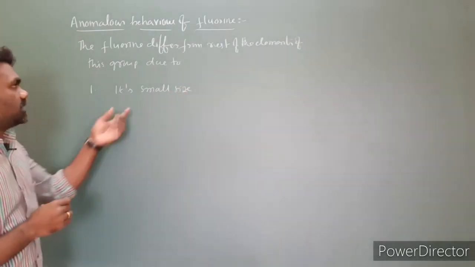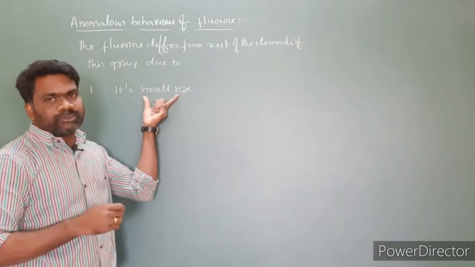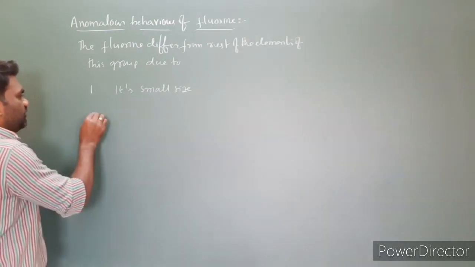So fluorine differs from the rest of the elements of this group due to its small size, nothing but anomalous behavior.